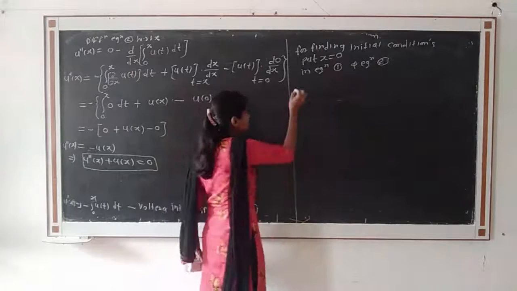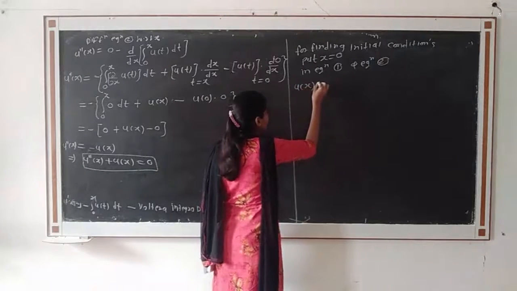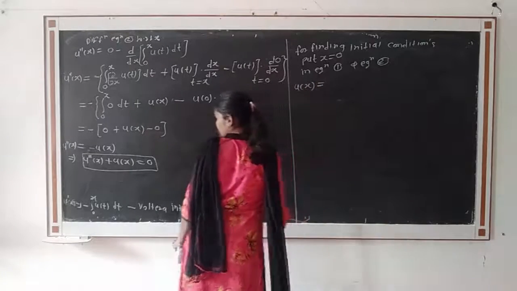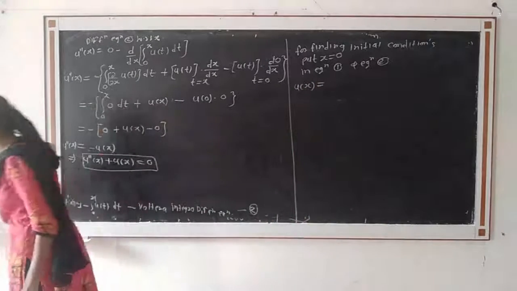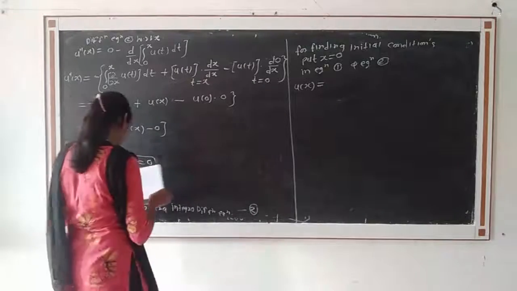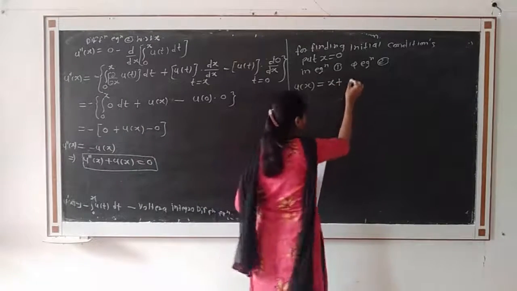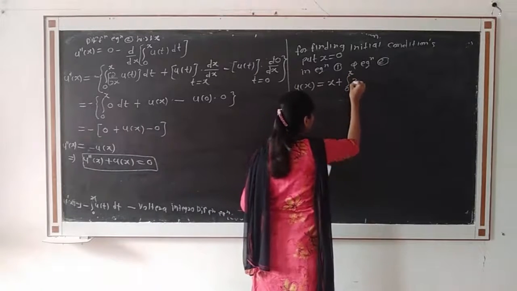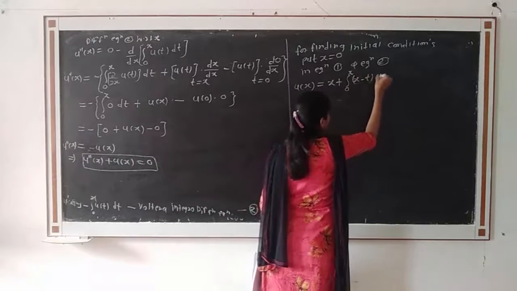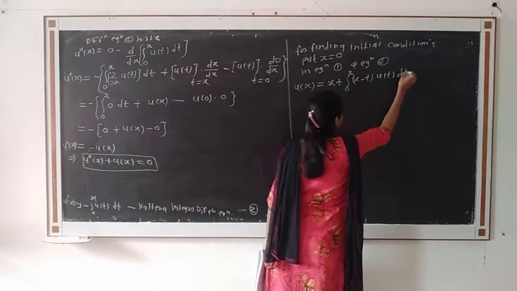Equation number 1 is u of x is equal to x plus integration from 0 to x of (x minus t) into u of t dt.